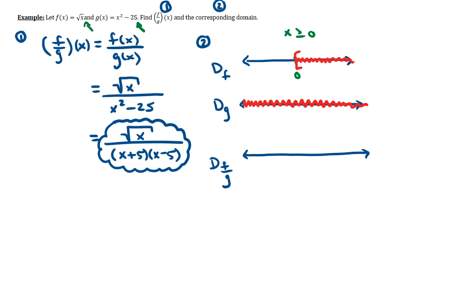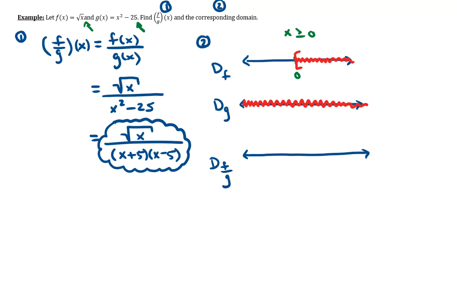So if we just look at the intersection of the domain of f and the domain of g, the only part of the number line that's in common is from 0 to positive infinity. So you might think that that's our domain for this problem, 0, comma, infinity. But there's actually a little more to the story.